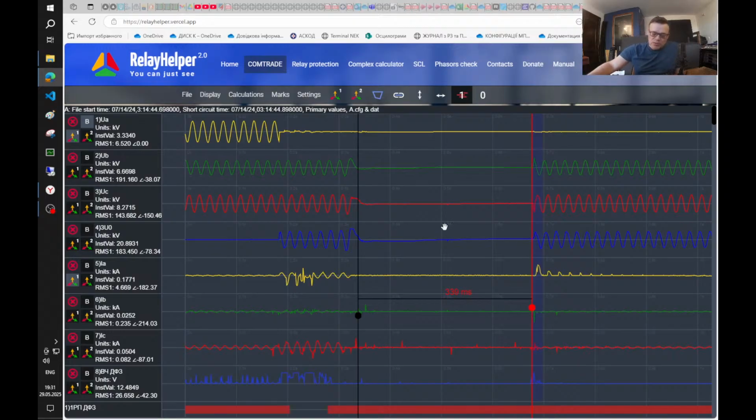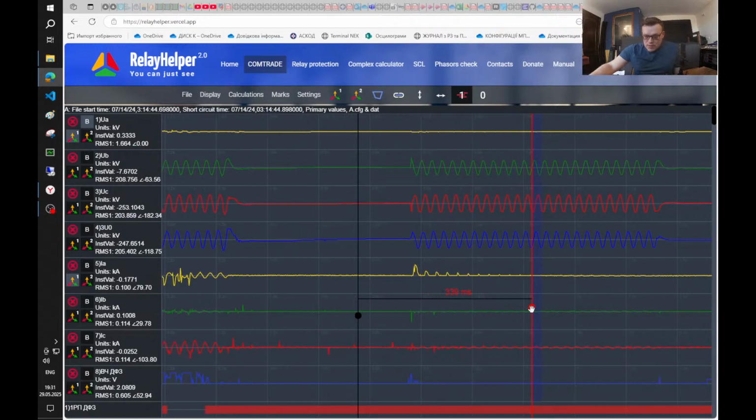The pause is around 300 milliseconds, and we can see that this pause is a little bit longer, because this time includes the closing time of the circuit breaker.